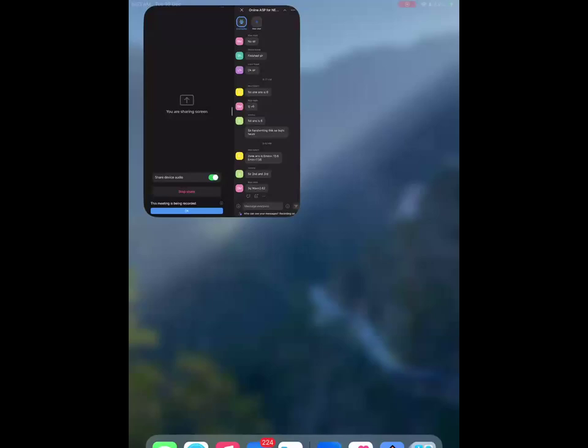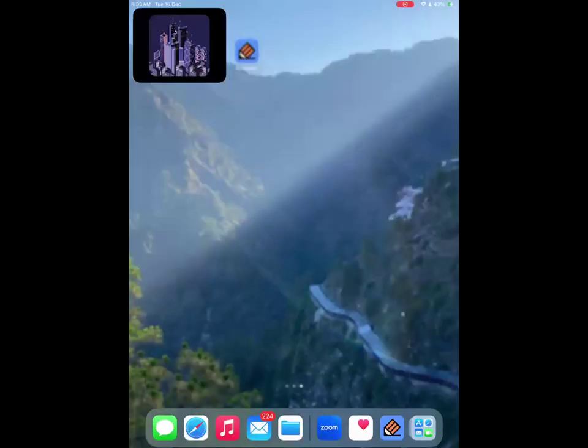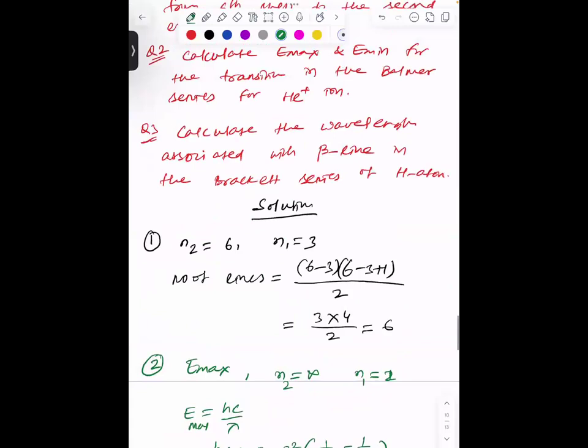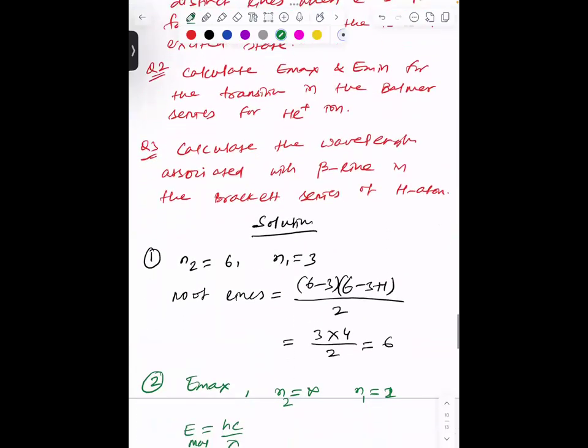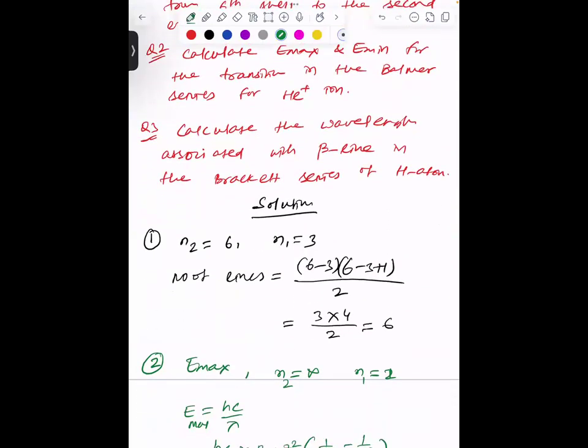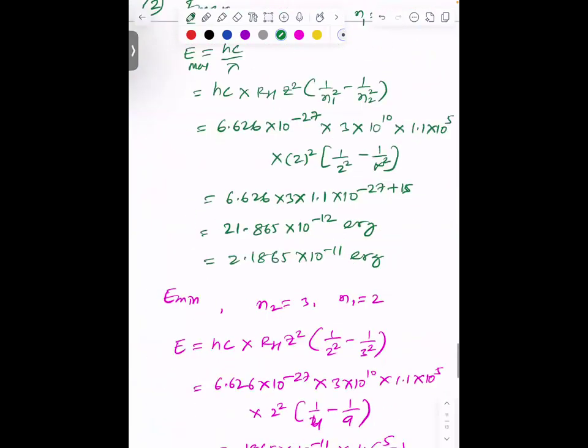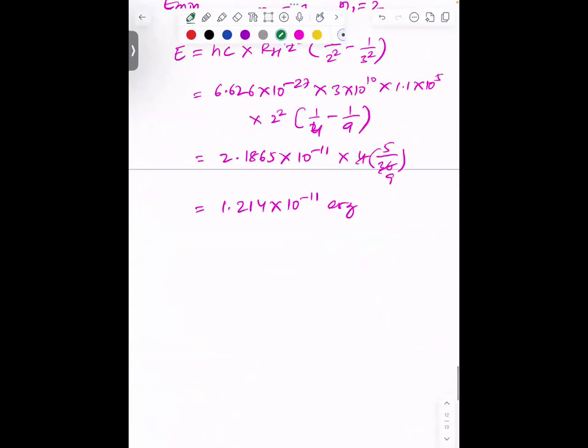Okay, now the next one is the last one. Calculate the wavelength associated with beta line in the Brackett series of hydrogen atom.